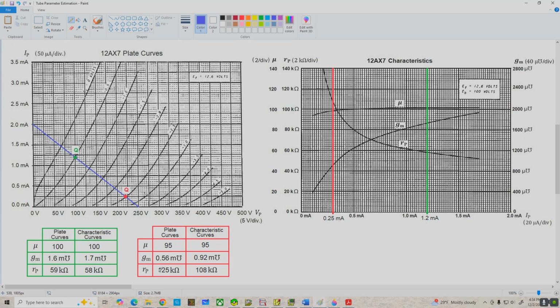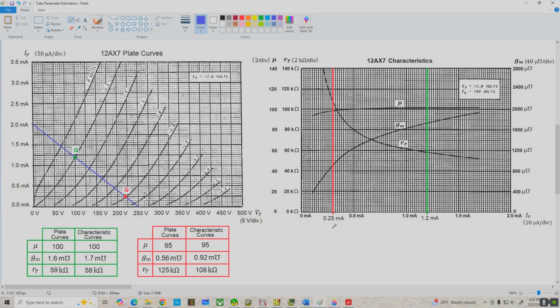And it's a little bit less than what we calculated based on the plate curves, but again, we have to consider that these characteristic curves are for a plate to cathode voltage of 100 volts, and over here we're operating at 220 volts. So that's an alternative for calculating or estimating your small signal parameters at a given plate current.